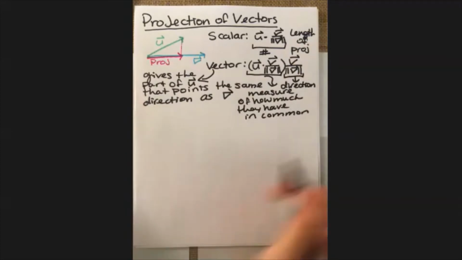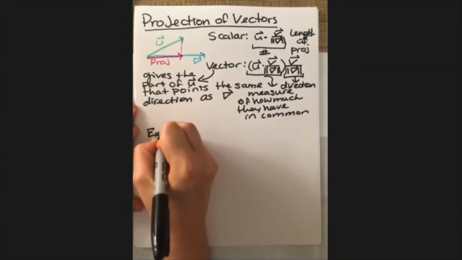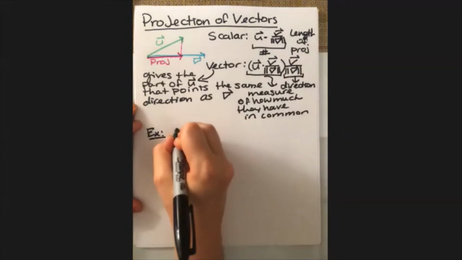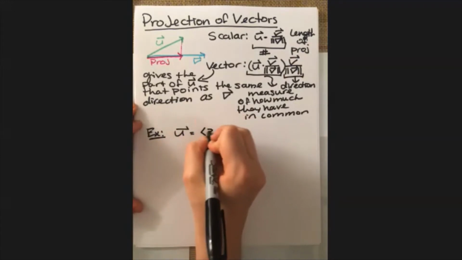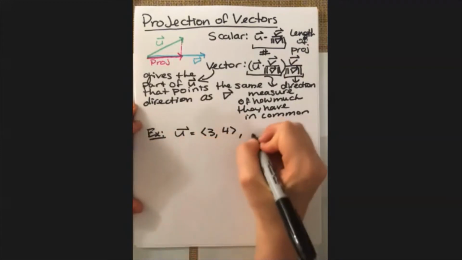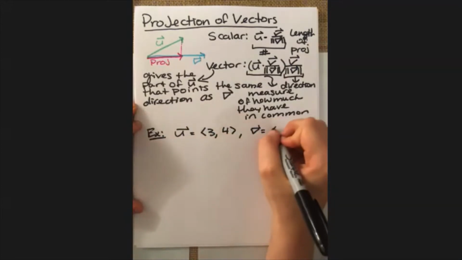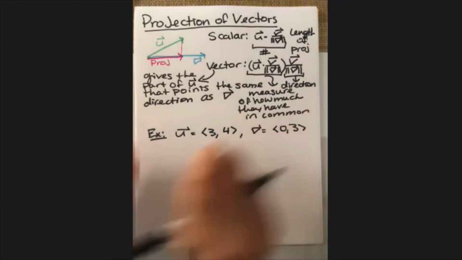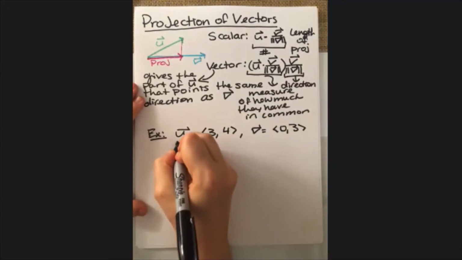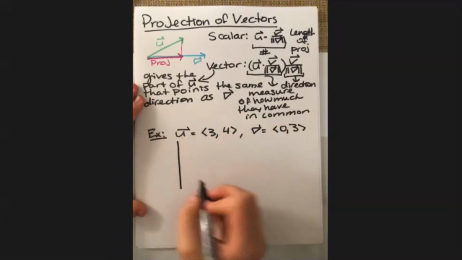And if we want to look at an example of this, just to make it a little bit more concrete, let's take our vector u to be equal to 3, 4, and v to be equal to 0, 3. And let's put them on a coordinate plane.